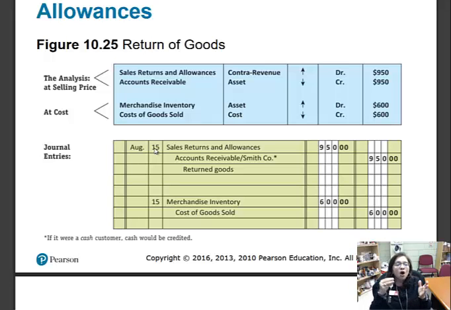You still have to show where the return was from. Was it from groceries? Was it from housewares? Was it from clothing? Then where in clothing? Was it men's? Was it women's? Was it boys? Was it juniors? Was it babies? Where was it? Making sure that you're reducing the correct portion of inventory in order to go ahead and have your books straight. Okay?